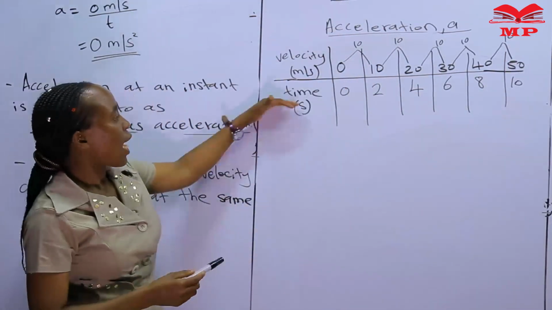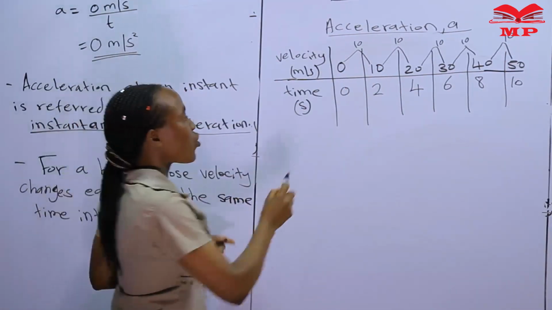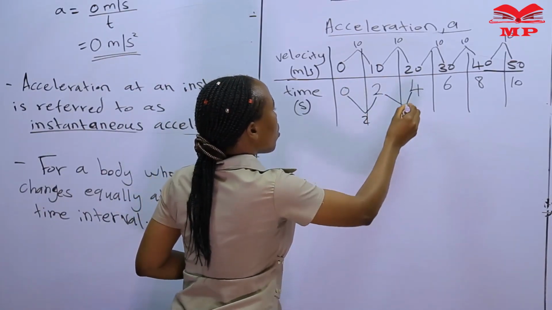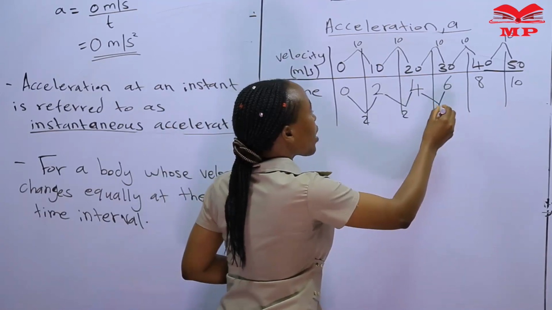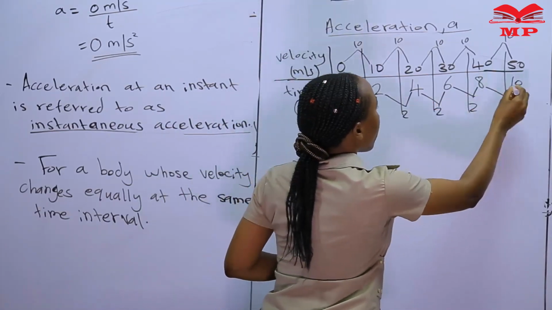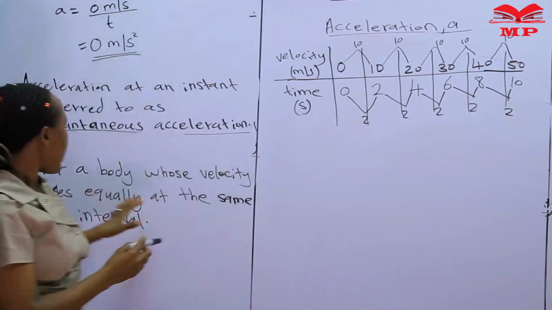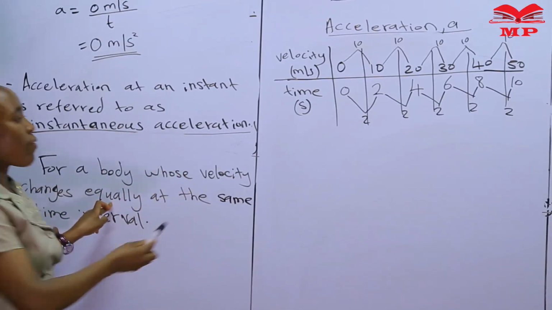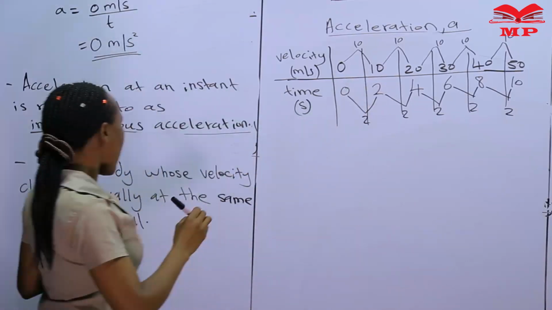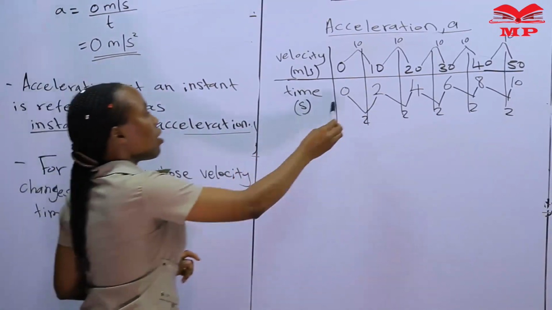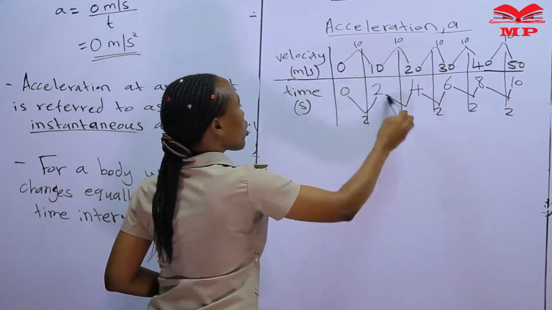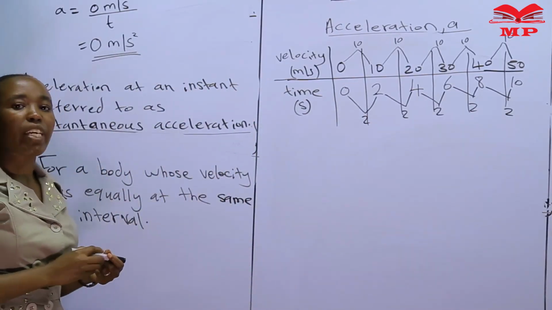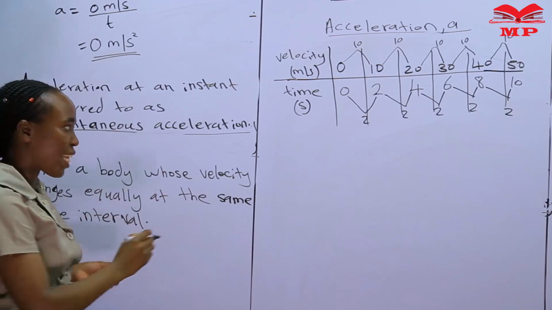Then if we look at how the time is changing, we have 2 minus 0, which is 2, and 4 minus 2, so we have 2 again. So the velocity is changing equally at the same time interval. We say that the body is moving at a uniform acceleration.